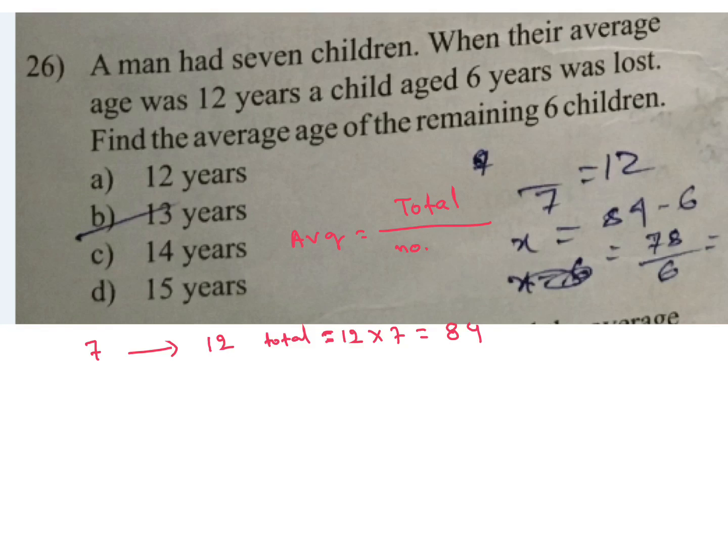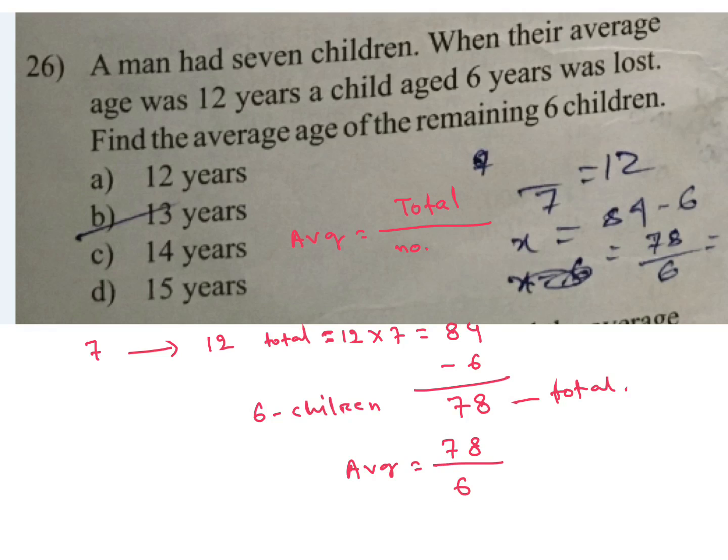So 84 minus 6, 78. This is the total of 6 children. So to find the average age of 6 children, 78 divided by 6. So 13 years is the answer.